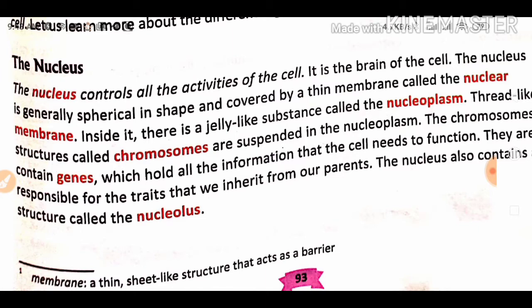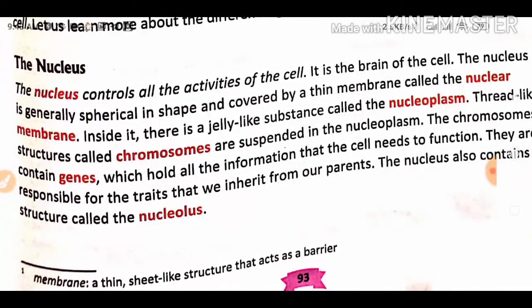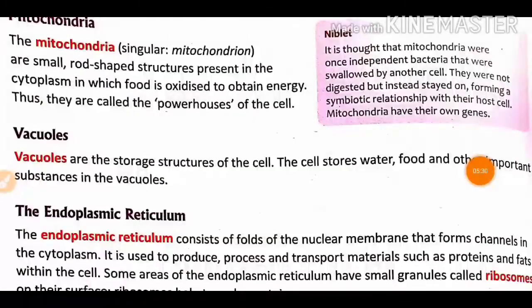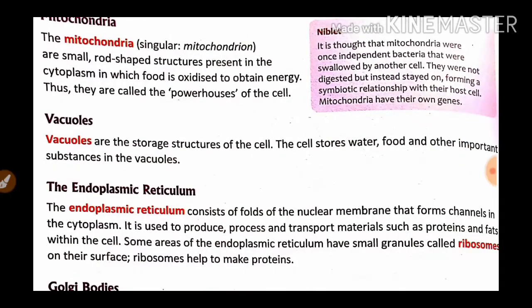So all the characters which are passed from one generation to another, or from parents to their young ones, are controlled by these genes. The nucleus also contains a structure called nucleolus. So, children, when you start reading, then you can relate them with your figure also.